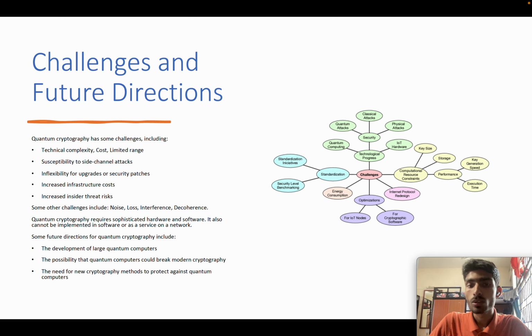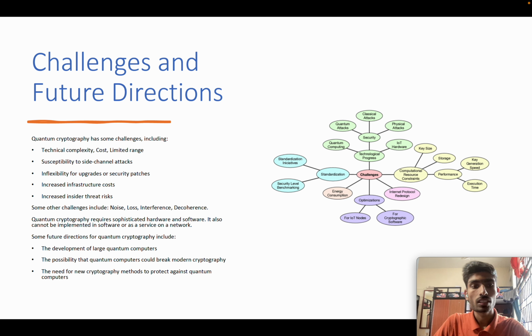Other challenges include noise, loss, interference, and decoherence. Quantum cryptography demands sophisticated hardware and software as we have to work in the quantum space, so its implementation is not as straightforward as in classical systems.